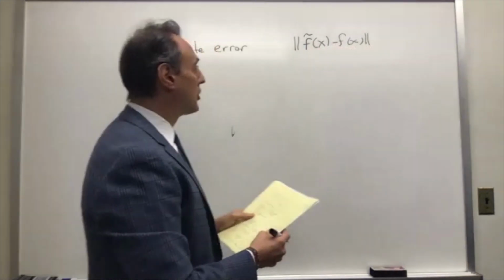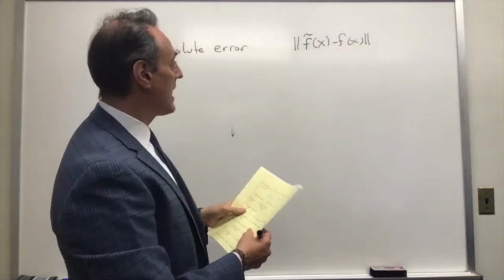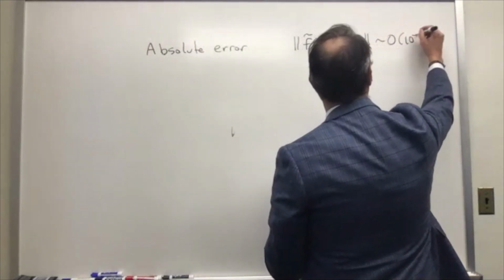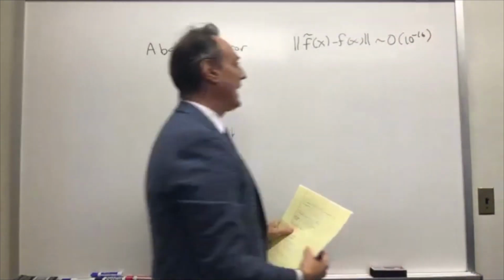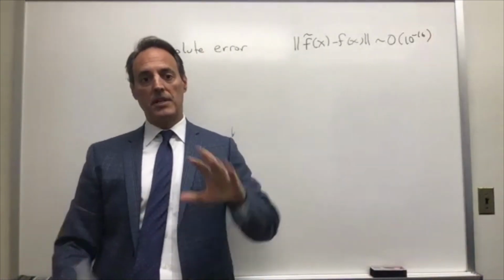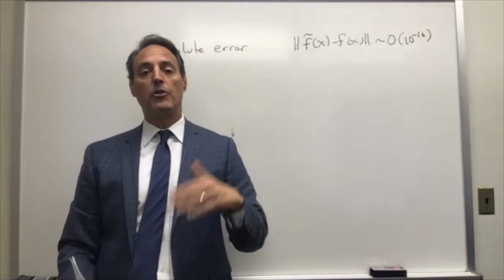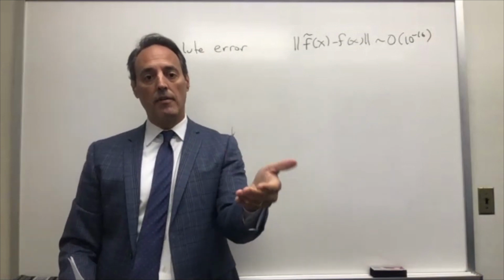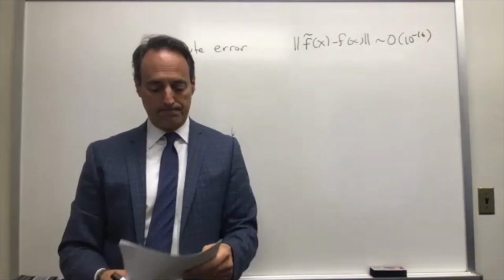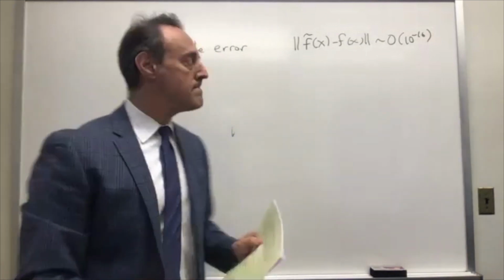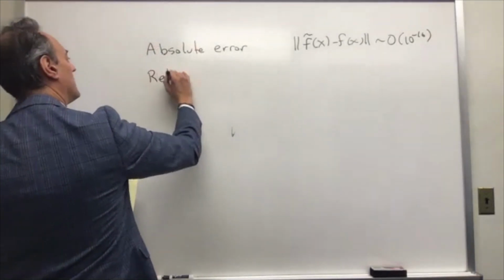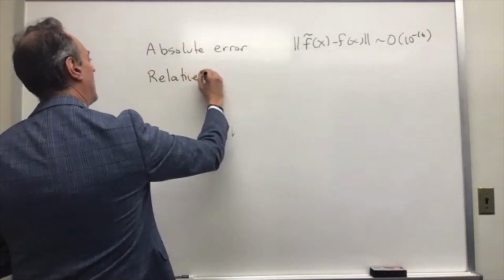In fact, a good algorithm will take an error like this, and the hope is that that kind of error is down at 10 to the minus 16. In other words, that is numerical round off, or the numerical precision of your floating point operations on your computer. There's also a second metric for error, which is the relative error.